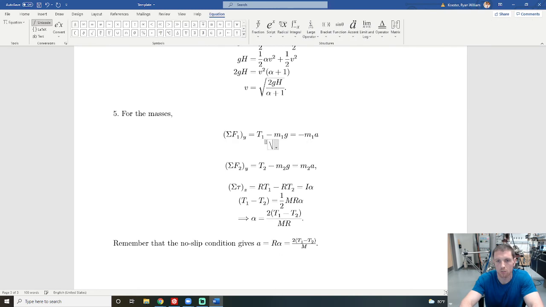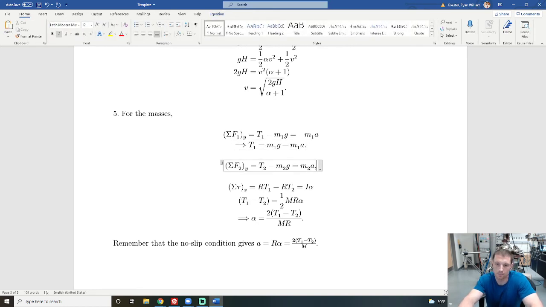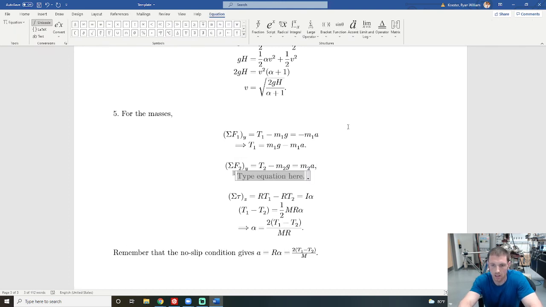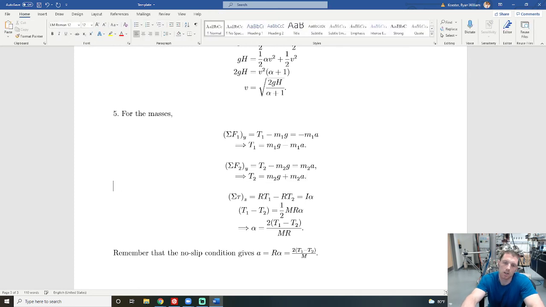What we see from this one is that T1 equals M1G minus M1A. And what we see from this one is that T2 equals M2G plus M2A. And then we can plug those into this equation, right?